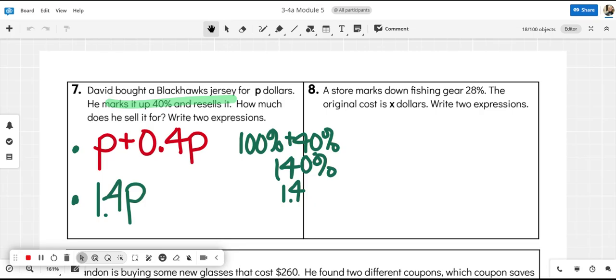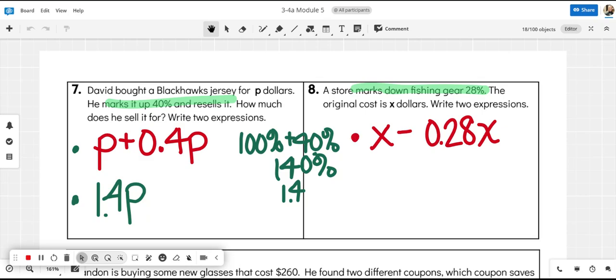Now number 8 is similar, but this time instead of marking up, it's marking down. So it's a sale price. We're going to do something very similar. But this time we have the price, which we're going to call X now. And it's being marked down 28%. So I'm going to take away 28% of the price. Okay, there's method 1.